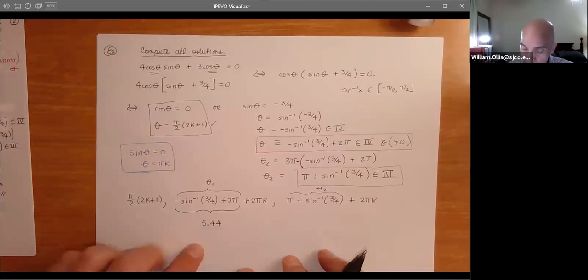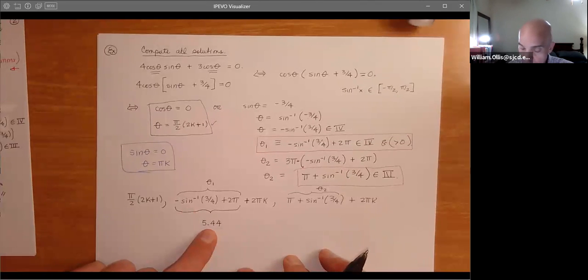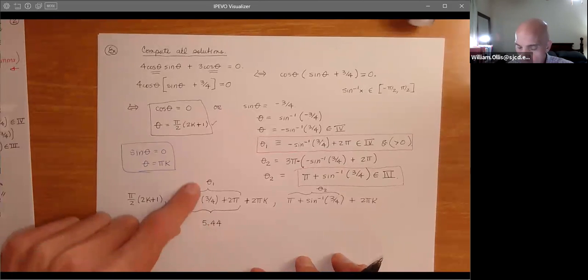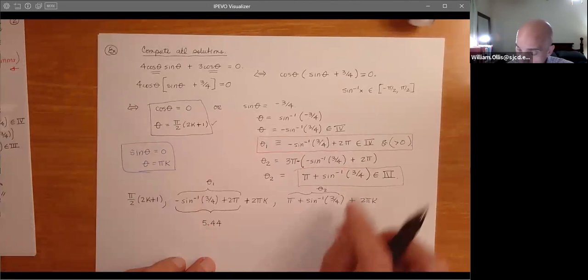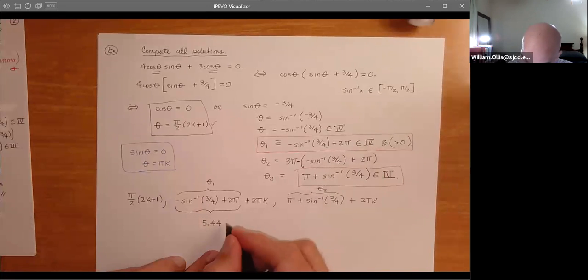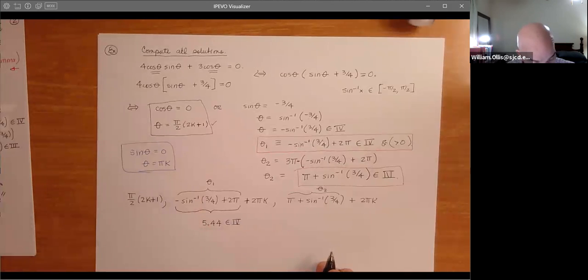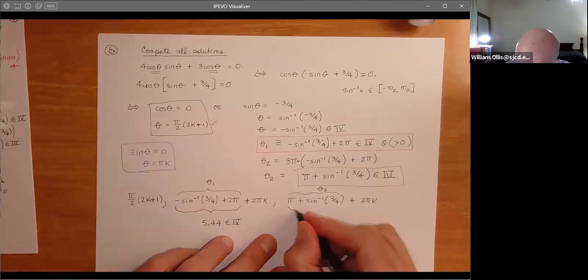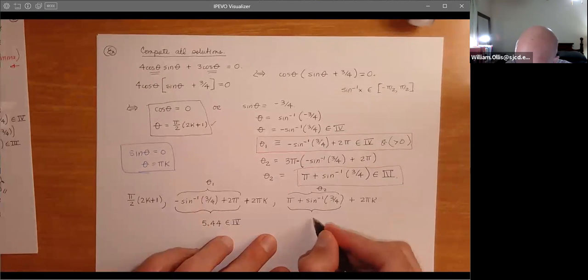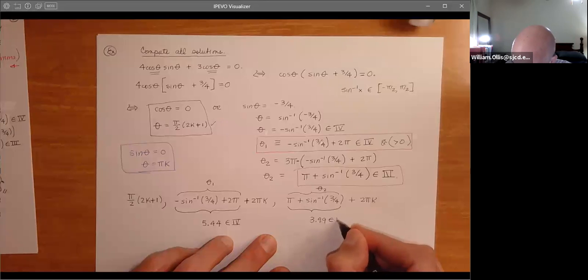So the problem may ask to approximate this, which again is kind of a waste, but that just gives you the radian measure in this case, where we see we're in the 4th quadrant. So this is 5.44 radians approximately in the 4th quadrant. And this one, I use Google, and you get 3.99, which is in the 3rd quadrant.